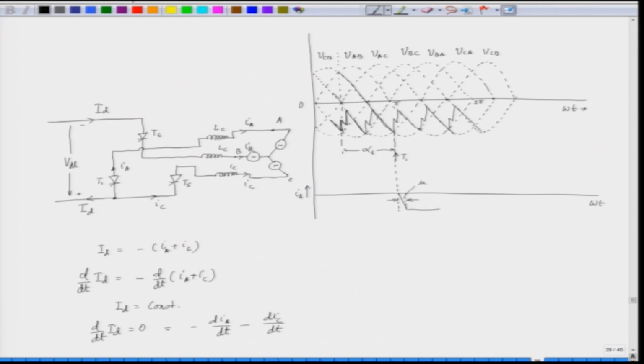So, this will continue to flow here till this point, because this is VAB and then we have VAC, and then from this point this will be taken over by VBC. So, the current IA will have a negative value like this, and here again we have the commutation overlap. This is the angle mu again.